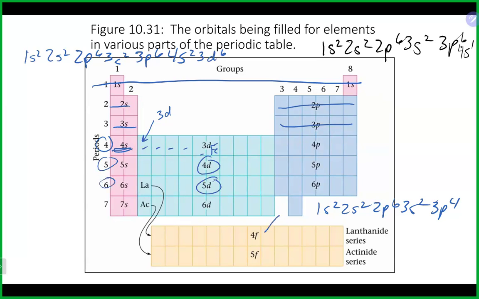Also, if you get yourself down in this area where we're into the f's, you also have to be careful, because remember that these two rows on the bottom technically go right there. That is actually 4f, which is 2 behind where it should go. So it's 2 behind the period number, and 5f below it is also 2 behind the period number.